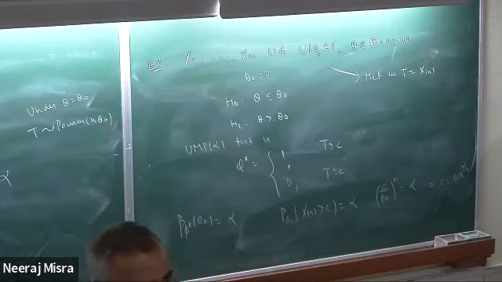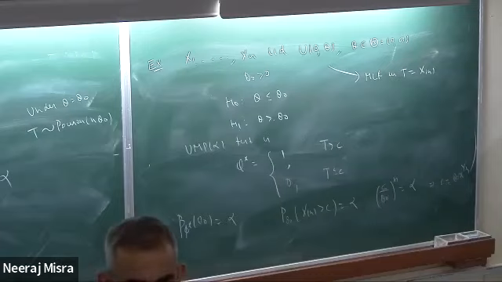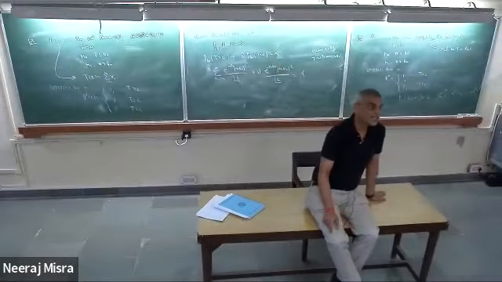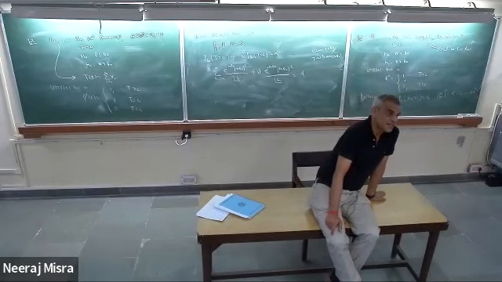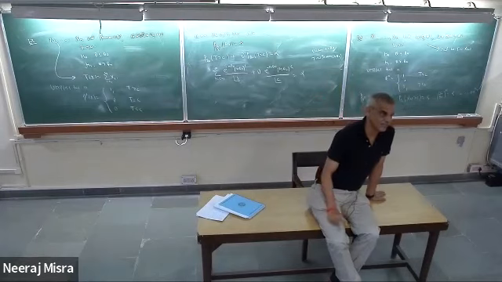Is this the only UMP alpha test? Can you get another UMP alpha test? Can you propose another UMP alpha test? Just recall our discussion when we were testing theta is equal to theta naught against theta is equal to theta 1 bigger than theta naught.